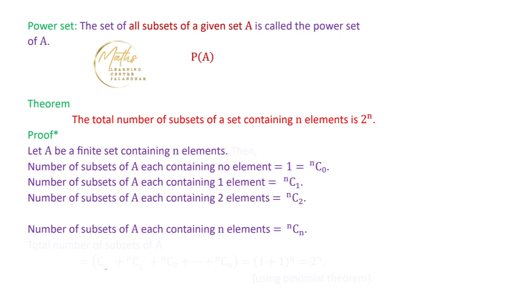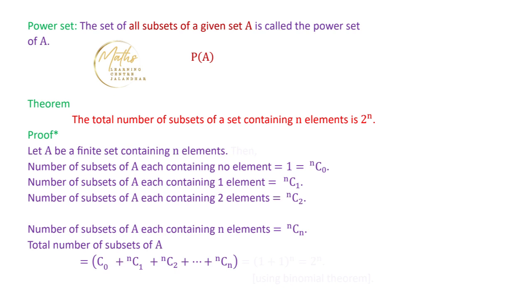So the power set will have sets containing no element, one element, two elements, up to n elements. So the total number of ways will be the sum of all these terms. It is nC0 plus nC1 plus nC2 plus so on up to nCn.